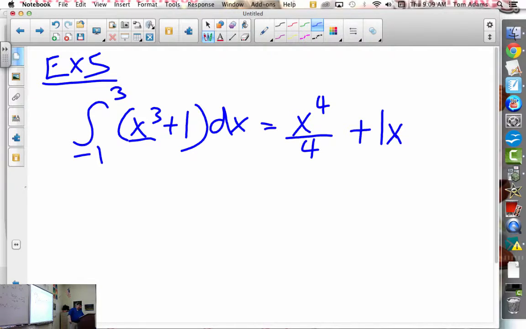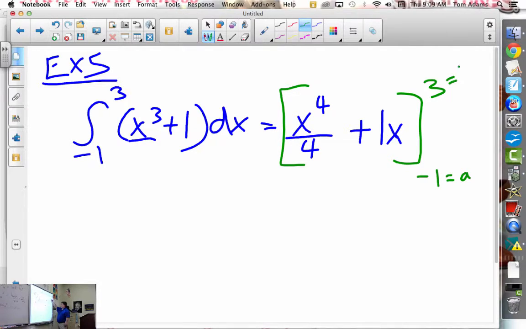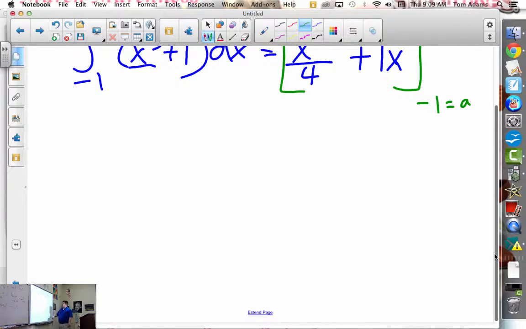So now I just need to evaluate this from -1 to 3. It's always b minus a, so you don't have to write this down, but I will the first couple times. This is equal to the antiderivative evaluated at b minus the antiderivative evaluated at a.